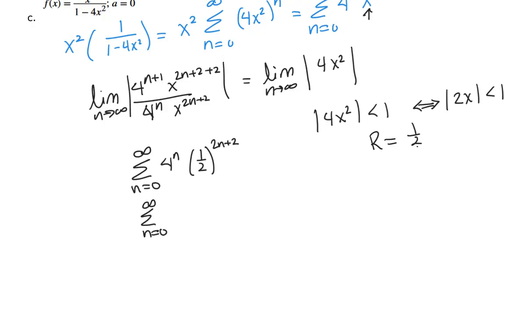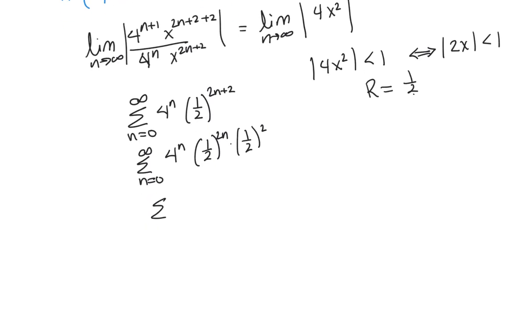Actually, I should have done the negative first, but I'm going to do the positive first. I'm going to get 4 to the n. I'm going to rewrite this as 1/2 to the 2n multiplied by 1/2 squared. This is the summation of n equals 0 to infinity of 4 to the n times 1 over 4 raised to the n.